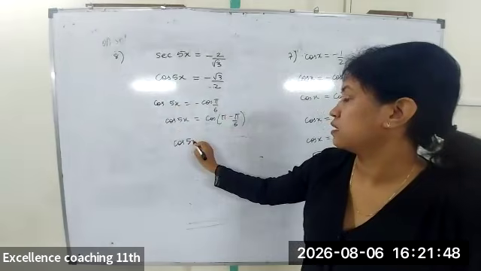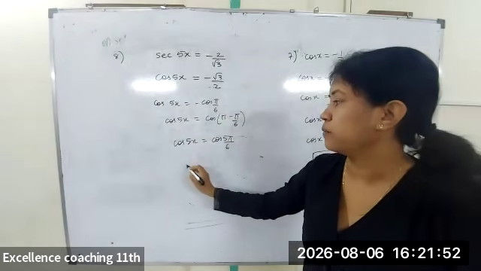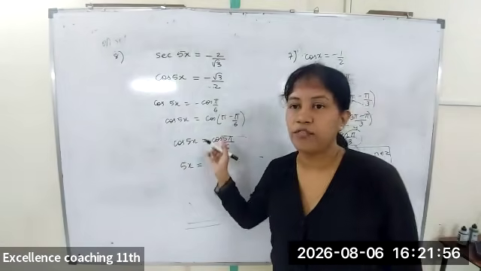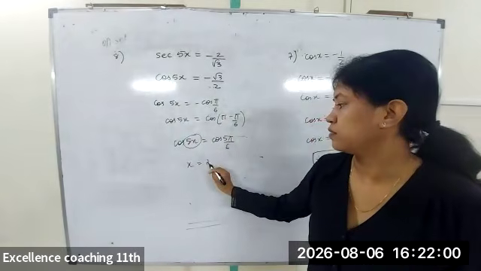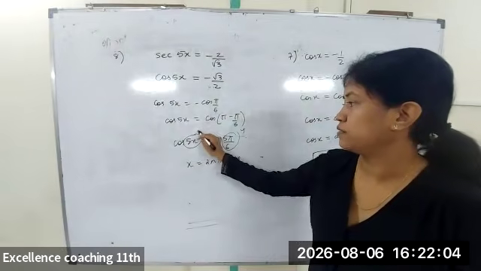cos 5x, cos 5 pi by 6, you will get after cross multiplying. So now write that formula. So this is the x, the y.